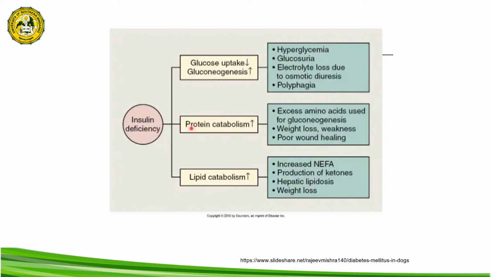There will also be increase in the protein catabolism. So again, it will also result in excess amino acid used for gluconeogenesis. There is also weight loss and weakness and poor wound healing. Increase in lipid catabolism would result in increase in the NEFA, or the non-esterified fatty acid, and production of ketones. Ketones are the breakdown product of our lipid catabolism, along with hepatic lipidosis and weight loss.